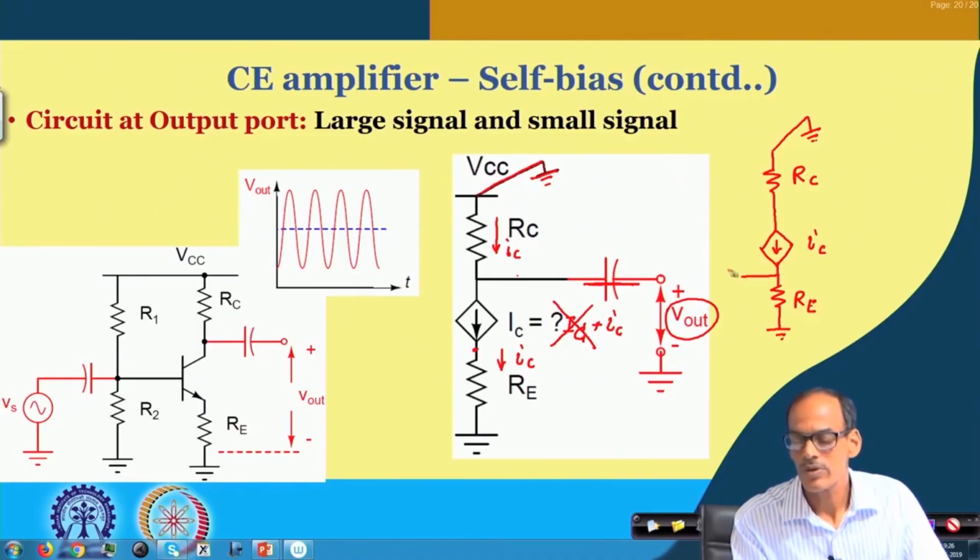Maybe we can think of the base current coming here, IB, and then at the output we can say this is the open circuit output signal.